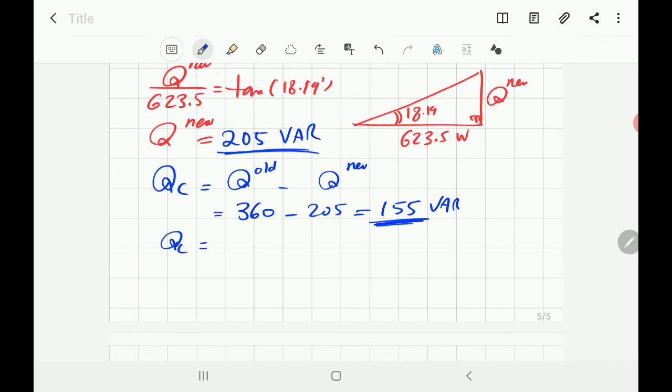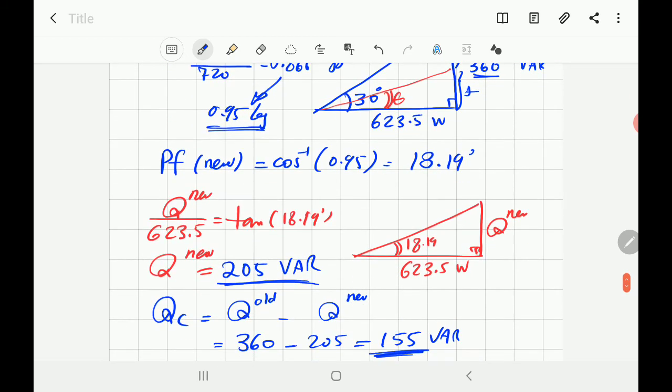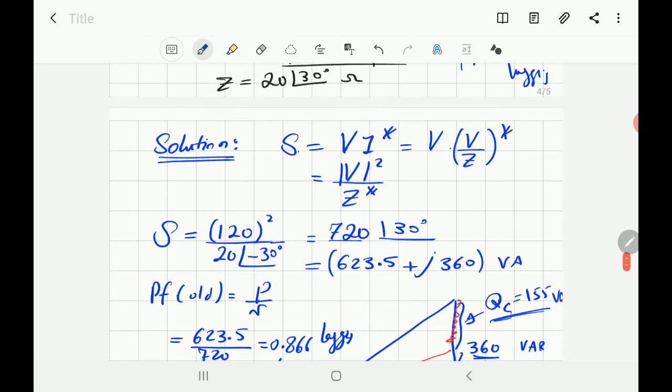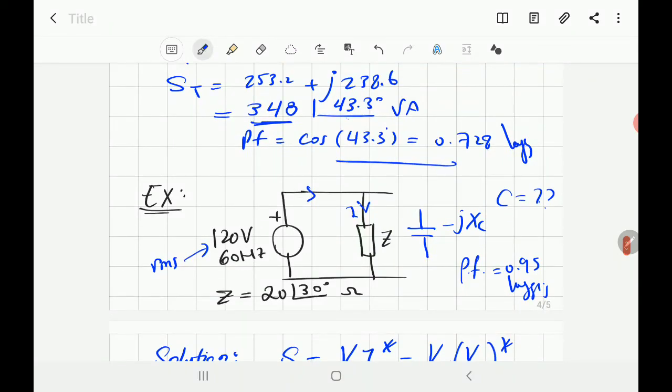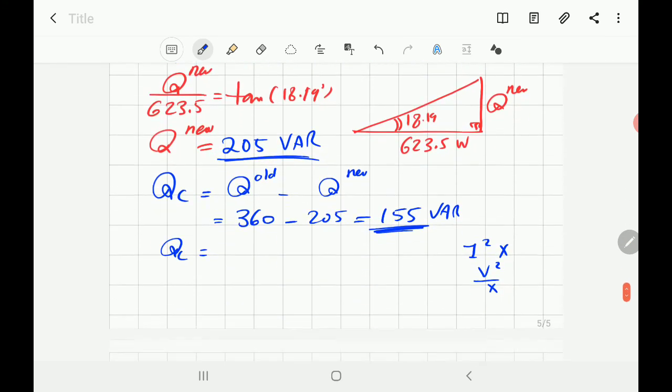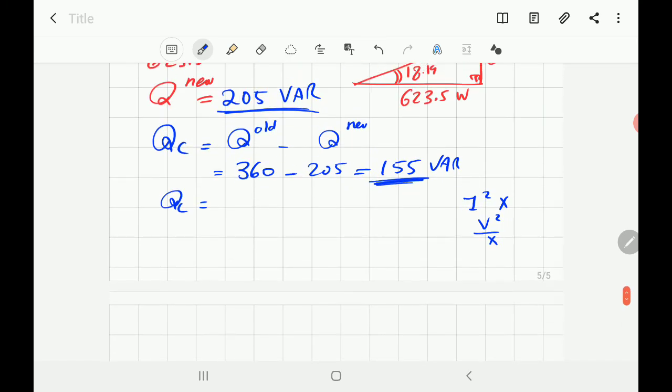How do you find QC? You remember when I told you, when you calculate the reactive power, you may use I squared times X or V squared over X, depending on the situation. When you go back to the circuit, you'll find that the capacitor is connected in parallel to the impedance, which means the same voltage. So I'm going to use the voltage form, not the current form, because the voltage is already known. So QC is equal to the voltage across the capacitor squared divided by XC.